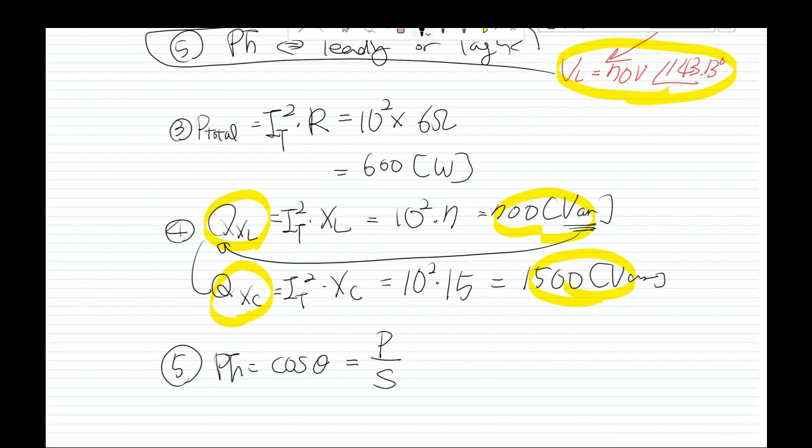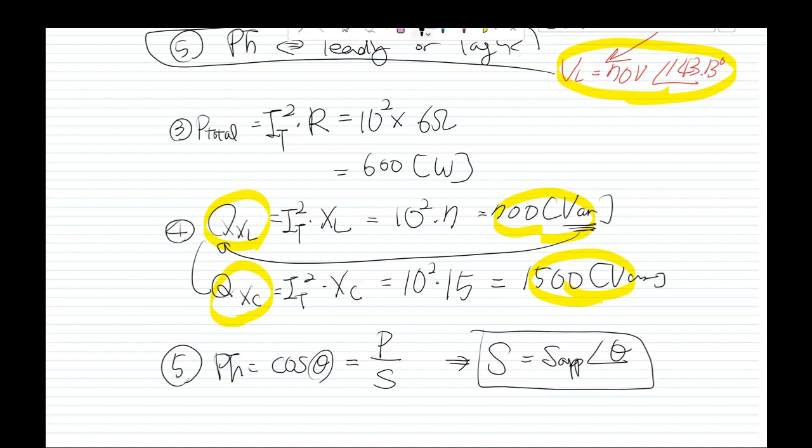P over S. So now we are looking for the theta. We have to look for S, apparent power, S of APP theta. If we find the theta from the apparent power, we can plug in the theta here.